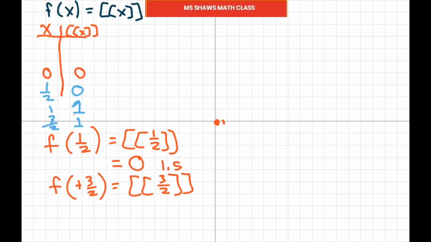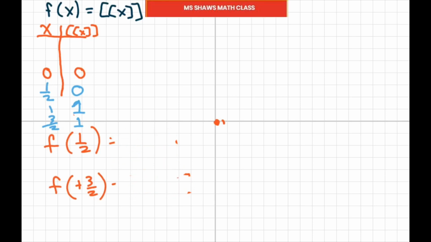So let's look at this on the first quadrant here. Let me erase this real quick. Once I hit 1, we jump to 1. I can get very close to 1, and I'm going to spread this out. So basically you have this.